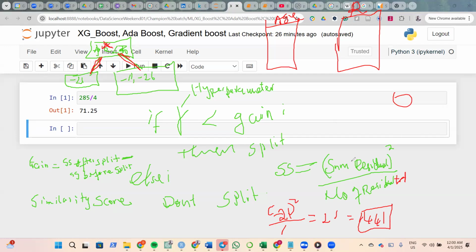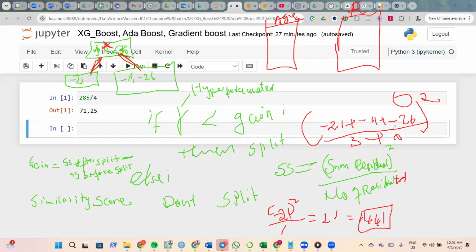So before split, we are going to have the sum of residual. What is the sum of residual? The sum of residual will be minus 21 plus minus 11 plus minus 26, all this squared, divided by the number of residuals, which is 1, 2, 3, so 3, plus our value of gamma, which was 0. Minus 21 plus minus 11 gives me minus 32.